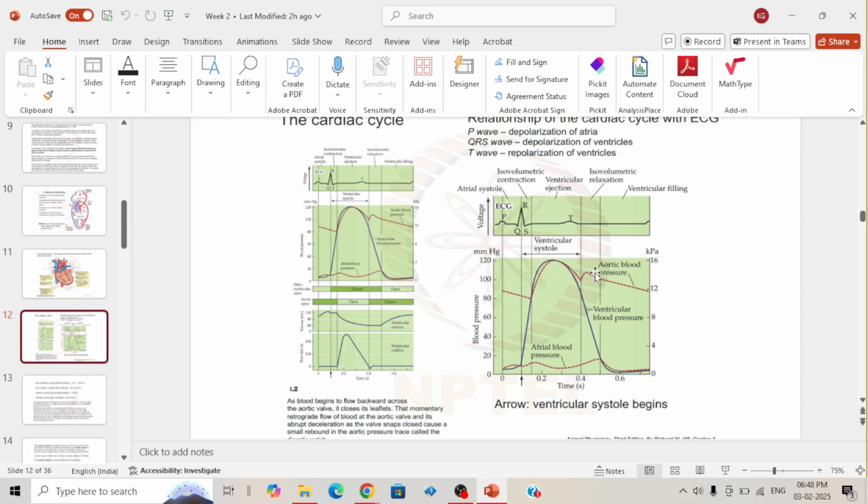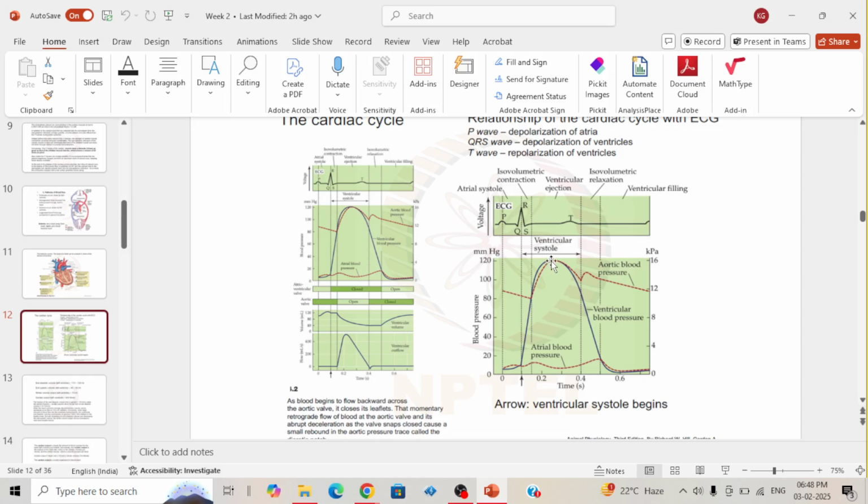When it reaches 120 and the semilunar valves are open, the blood from the ventricle is ejected into the systemic aorta, and this phase is called ventricular ejection. Blood enters the systemic aorta.